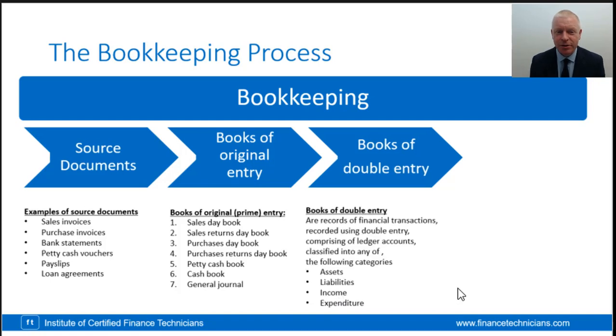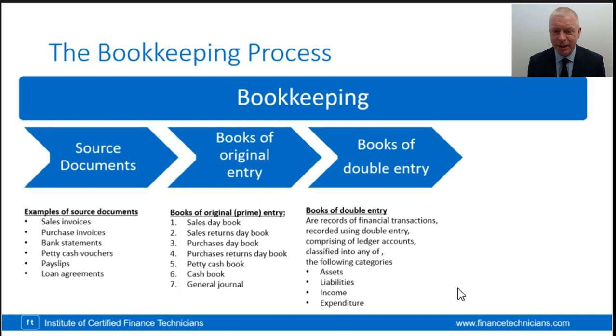But let's have a look at this then. So books of double entry are records of financial transactions recorded using double entry, comprising ledger accounts classified into any of the following categories. That can be transactions relating to assets, transactions relating to liabilities, transactions relating to income, and transactions relating to expenditure.